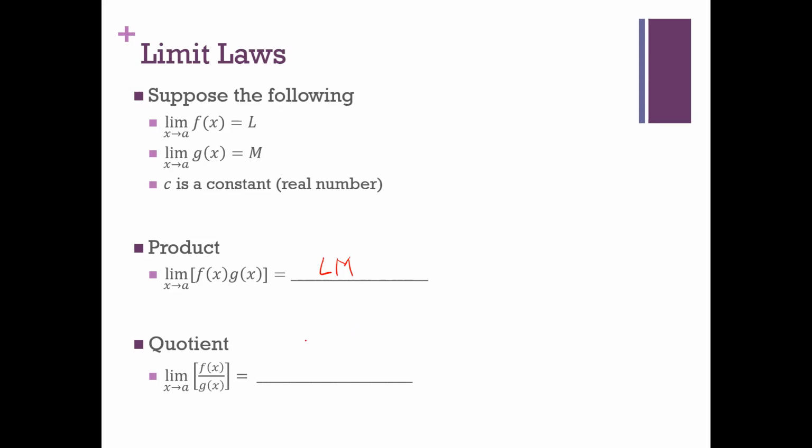And similarly, how about this bottom one? L over m. Provided that what? m is not 0. Otherwise, you're fine. So that's the only real contingency you have to worry about, dividing by 0.